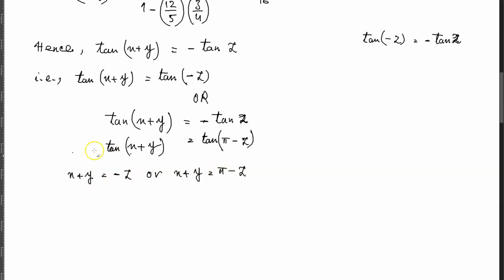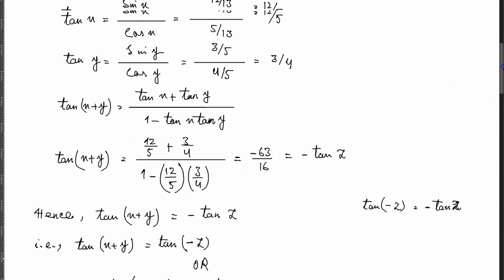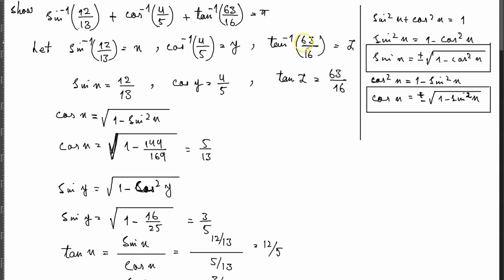Now it seems that this case is impossible because, as I can see here, x, y, and z are each the inverse function of some positive ratio.